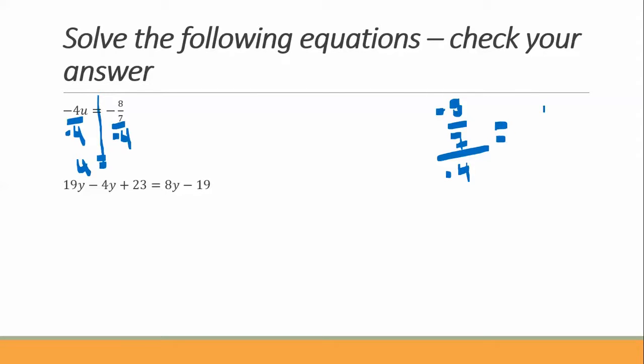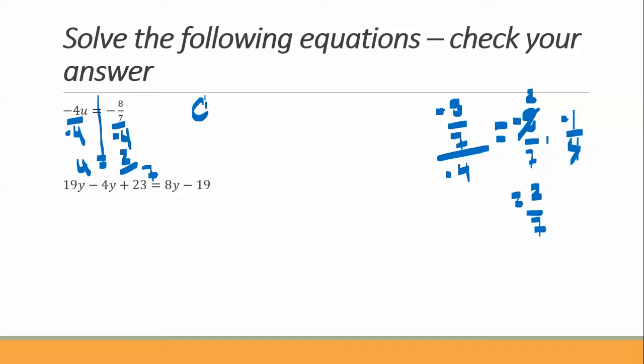Remember, we just finished doing that in the division chapter, so that's negative 8/7 divided by negative 4 would be multiplied by negative 1/4. Negative times negative is positive, and then 8 divided by 4 is 2, so we get positive 2/7. So u equals positive 2/7.